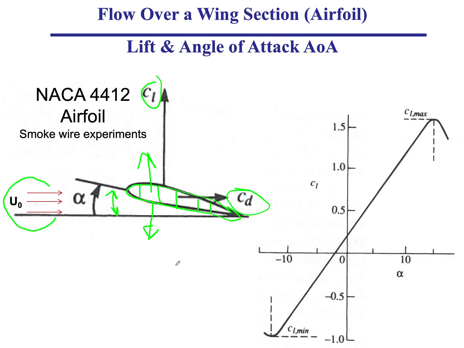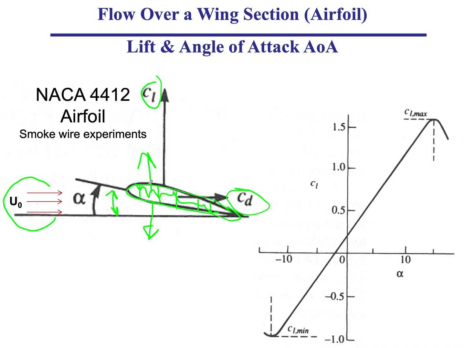And I believe we talked about this in chapter 3: if you take the wing of an airplane and you get a saw and you try and cut through it, you will expose this cross section, which we call the airfoil section.